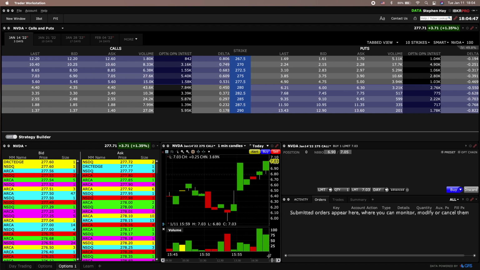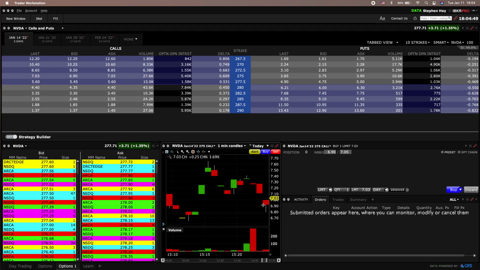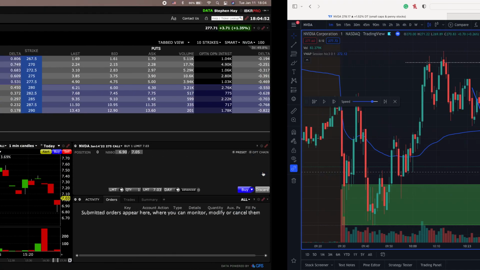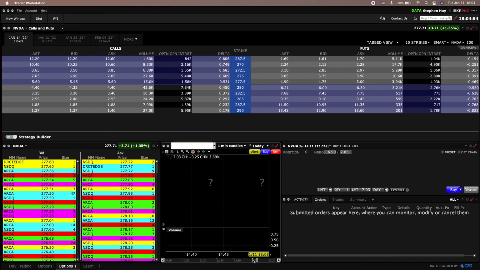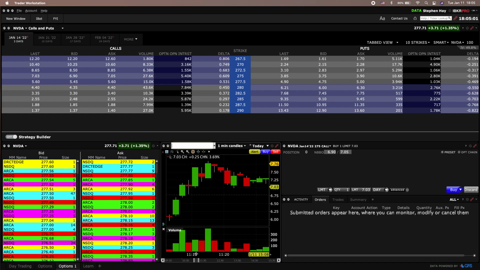So if I scroll back during the day, what time is this trade at? 11. Move left to 11. Gotta look more left.